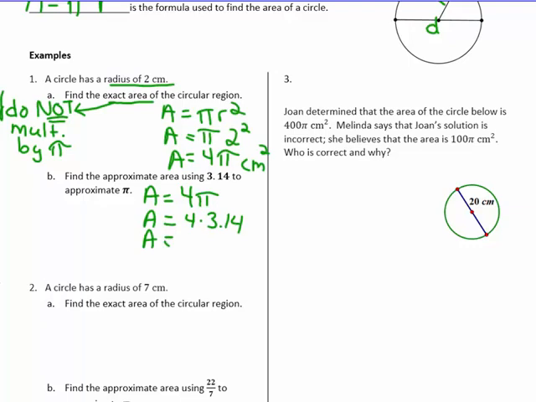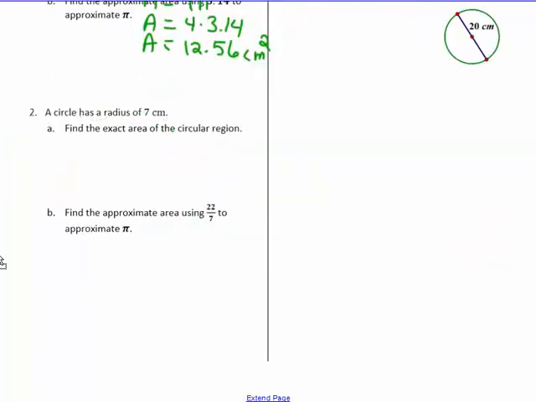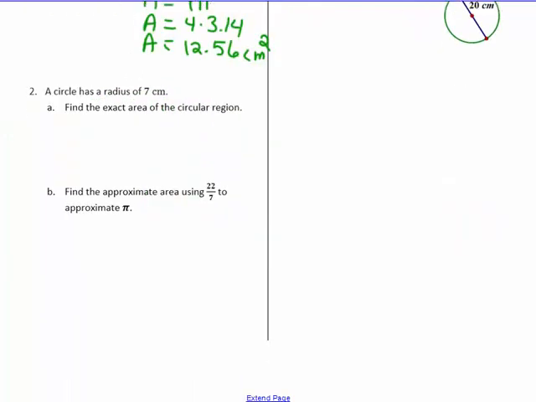And when I do that, I believe it's 12.56. Yep, 12.56 centimeters squared. So 4 pi and 12.56 are very close to each other in terms of an approximate area for pi. Okay, next. All right, next one.